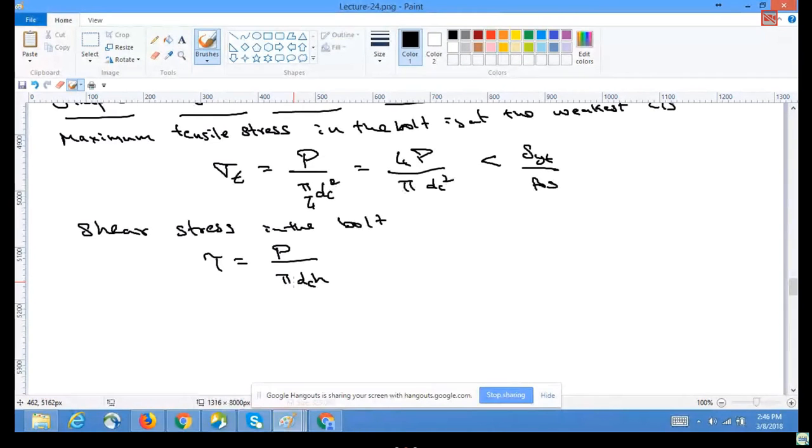So this area will resist the shear force P.